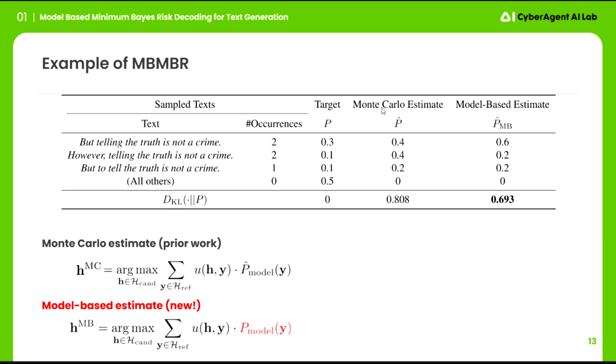So this is the difference between the Monte Carlo estimate, which uses occurrences of the samples, and the model-based estimate, which uses the P itself. And with respect to KL divergence, it is much smaller than the Monte Carlo estimate. And it's not just for this example.